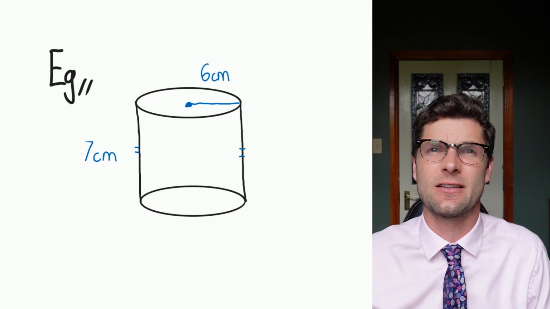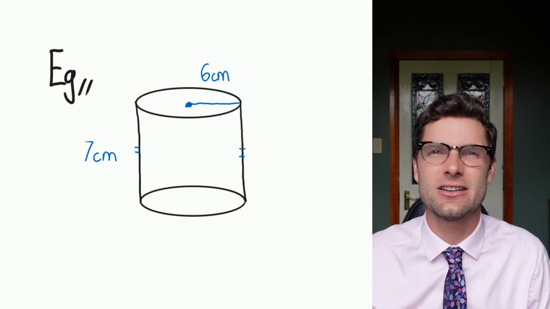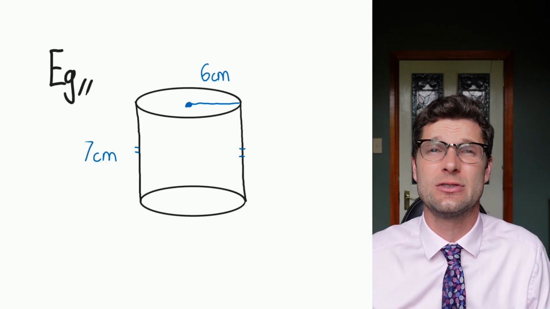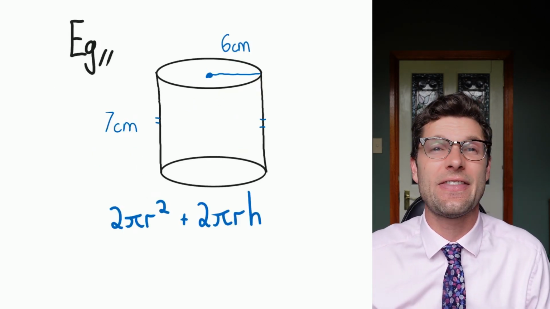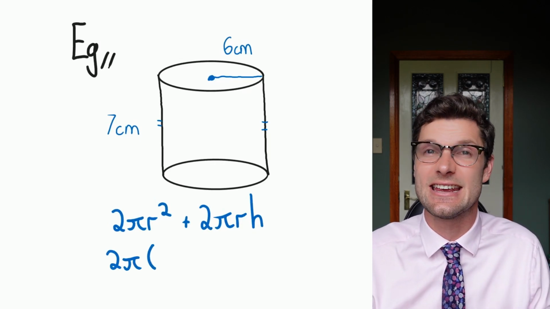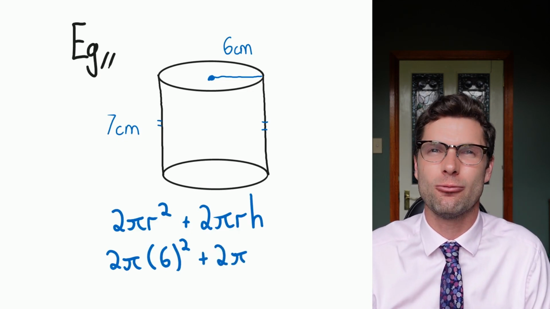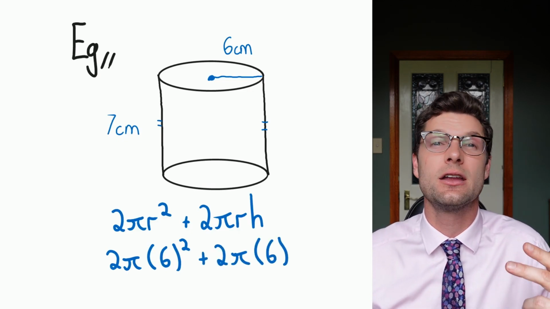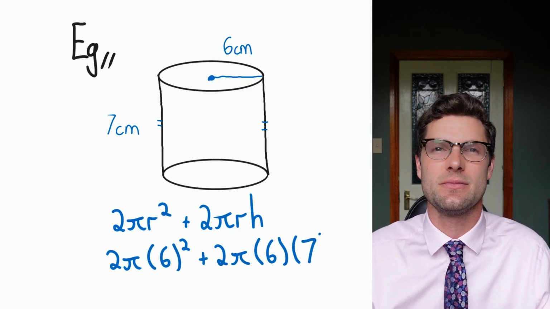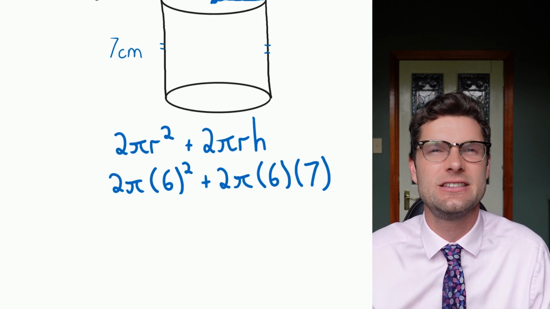If I've got something that looks like this, a cylinder with a radius on top of 6 centimeters and a height of 7 centimeters, all I've got to do is plug in the numbers. So to find out the area of the two circles, I would go 2 pi multiplied by 6 squared, making sure that I'm using the radius. And then to find the area of that rectangle, I would just go 2 times pi times 6 times 7. Again, I would highly recommend in your calculator, please just use brackets.